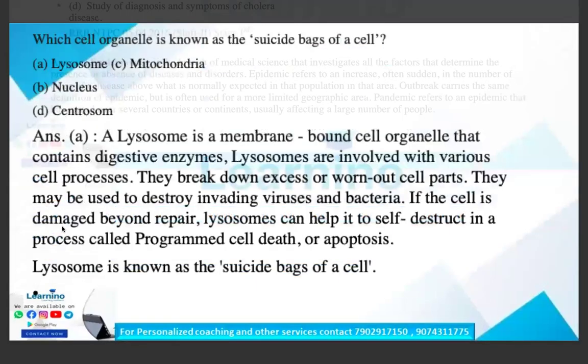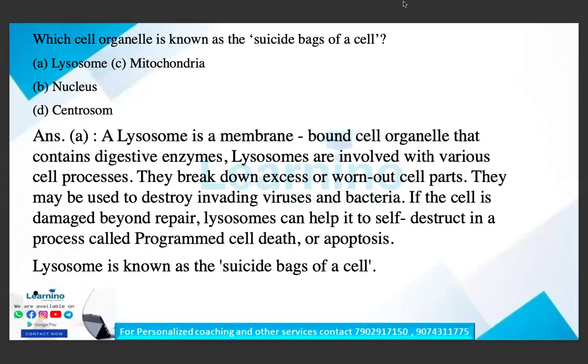Which cell organelle is known as the suicide bag of the cell? Answer: lysosome. A lysosome is a membrane-bound cell organelle that contains digestive enzymes. Lysosomes break down excess or worn out cell parts.